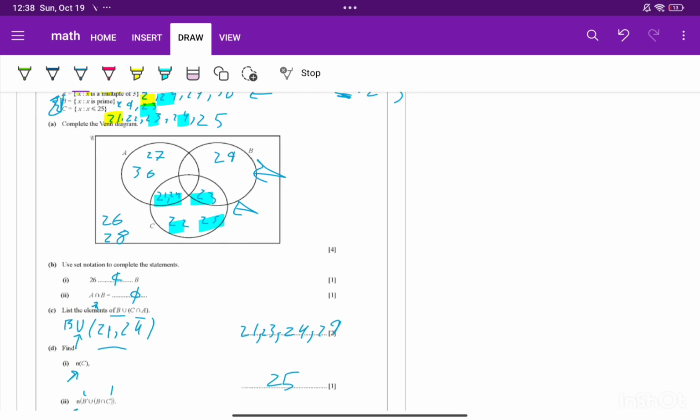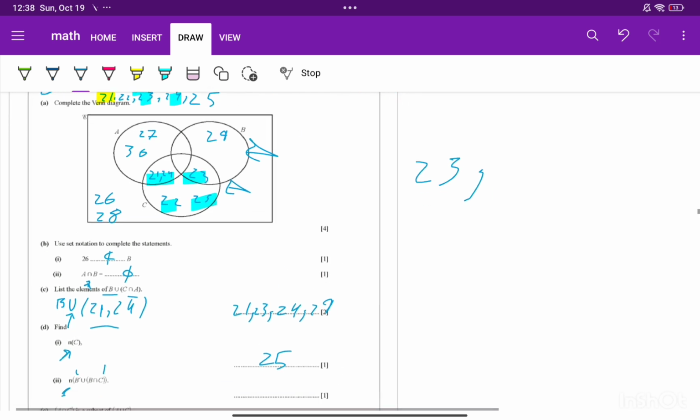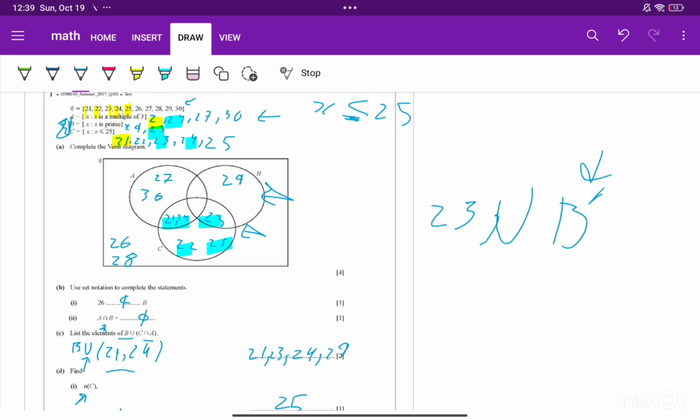Okay, then again we have to find numbers which are present in this. First B common C. So B common C is 23. So 23 union B dash. So B dash means any numbers which are not present inside B. So the numbers which are not present inside B are 27, 30, 26, 28, 21, 24, 22 and 25.